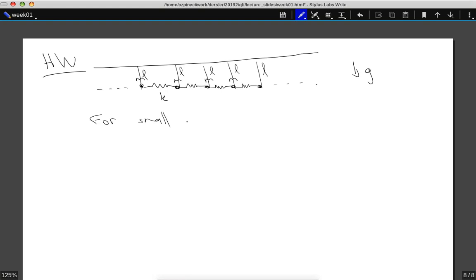For small oscillations, what is the Lagrangian of the system?